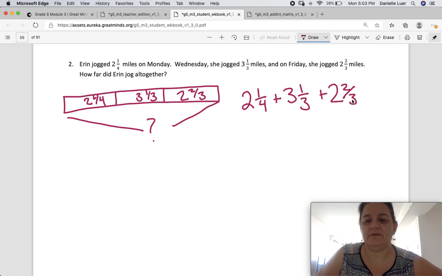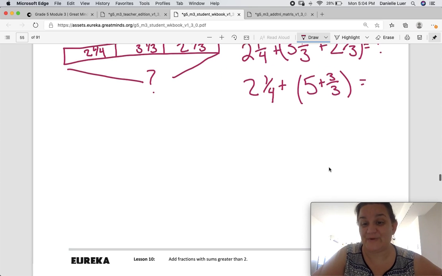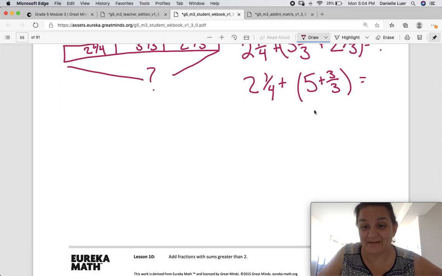These two already have the same denominator. So guess what? I'm just going to do this because I think that's going to be way easier for us. Okay? So 3 plus 2 is 5, and 1/3 plus 2/3 is 3/3. Well, I also know that 3/3 equals 1.